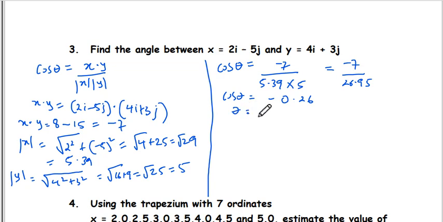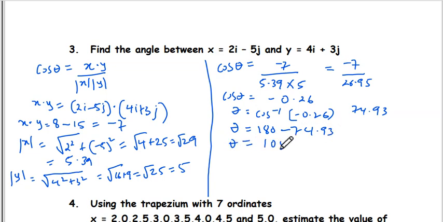So our theta is arc cos of minus 0.26. Cos inverse of 0.26 will give us 74.93, but since it's negative and cos is negative in the second quadrant, it becomes 180 minus 74.93. So our theta is 105.07 degrees.